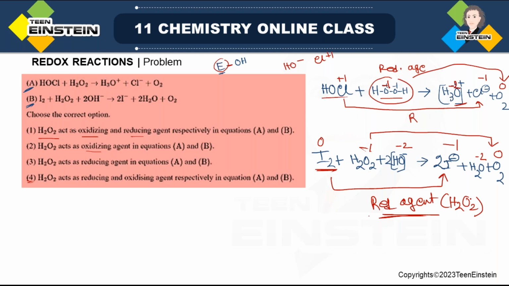This is a special property not found for all compounds, only in some cases. The same compound can play the role of reducing agent as well as oxidizing agent. So from that unit also, this problem may be considered.